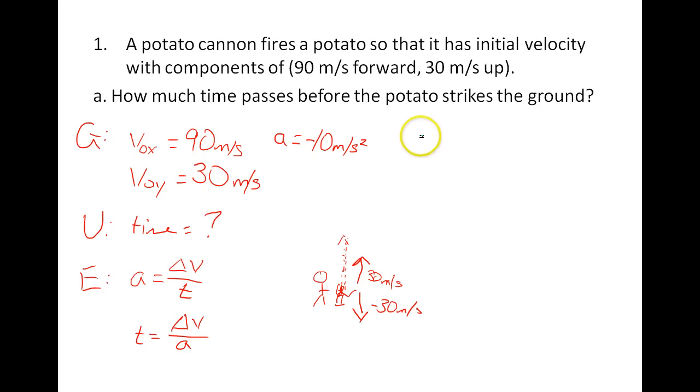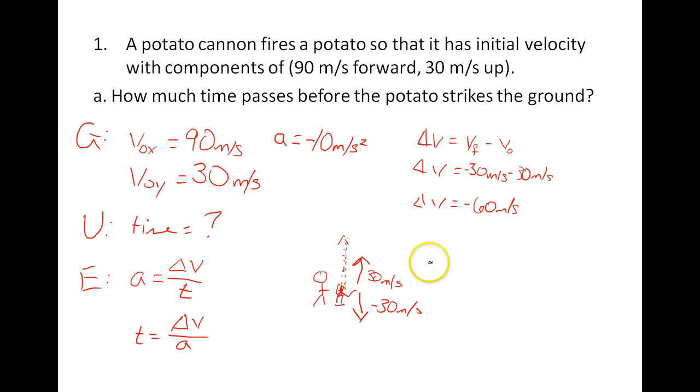Change in velocity would be your final velocity minus your initial velocity, so negative 30 meters per second minus 30 meters per second, or we would end up with a change in velocity of negative 60 meters per second. We just need to know twice that value.